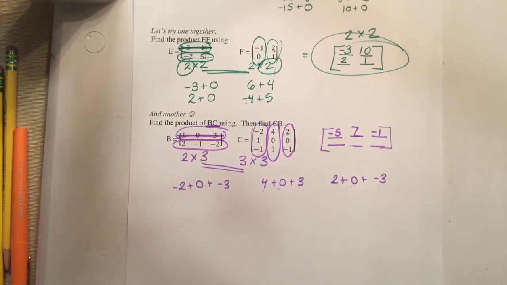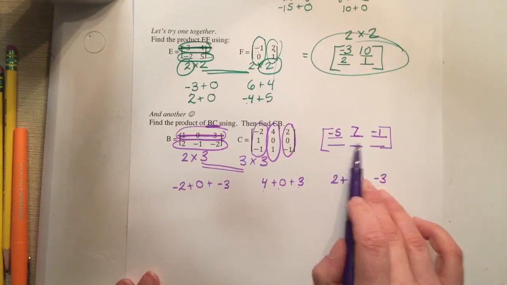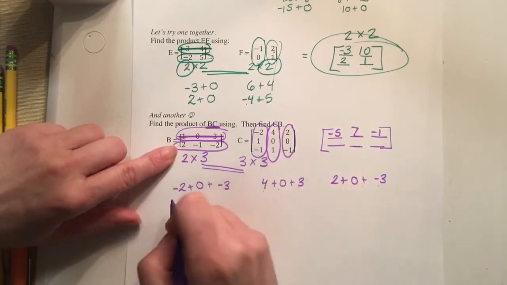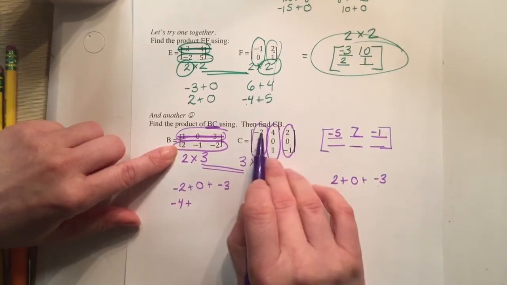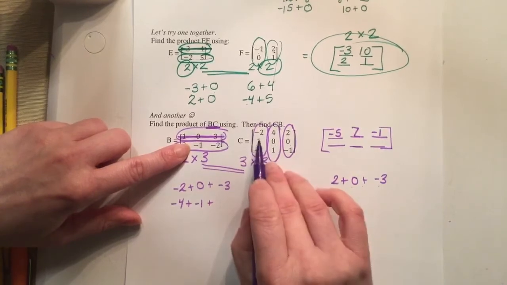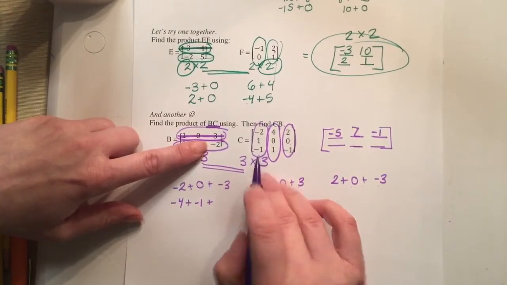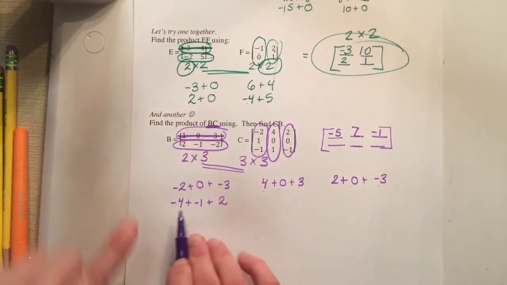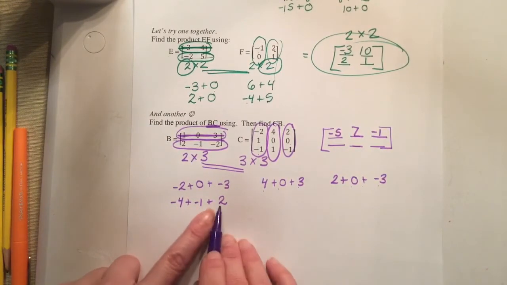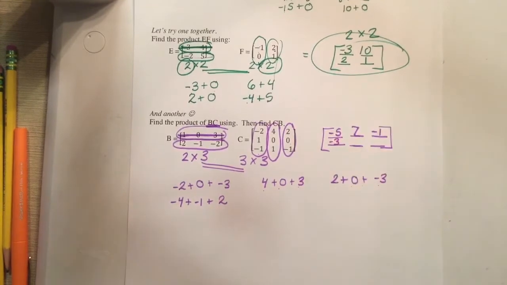Now I'm going to go ahead to row 2 so I can find the solutions for row 2, starting back with column 1. 2 times negative 2 is negative 4, plus negative 1 times 1 is negative 1, plus negative 2 times negative 1 is 2. Negative 4 plus a negative 1 is negative 5, plus 2 more, I get negative 3.